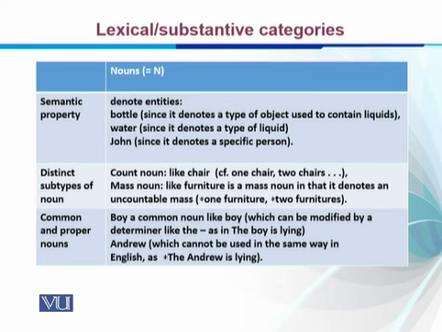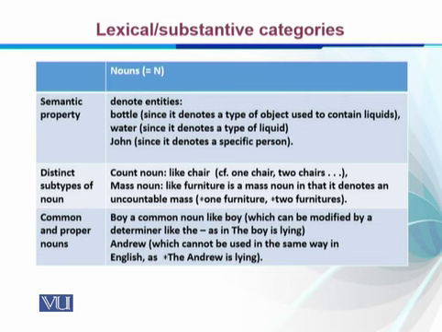Similarly, John denotes a specific person, right? So when we look at the meaning, the semantic property of the noun, we find that basically it's an entity. Sometimes it refers to a person, sometimes to a place, sometimes to a thing.